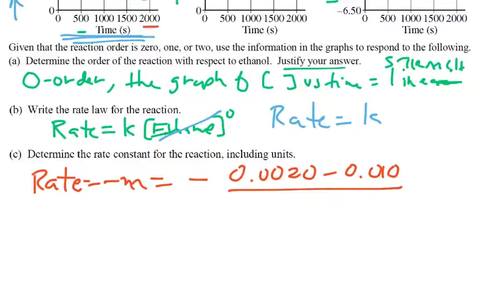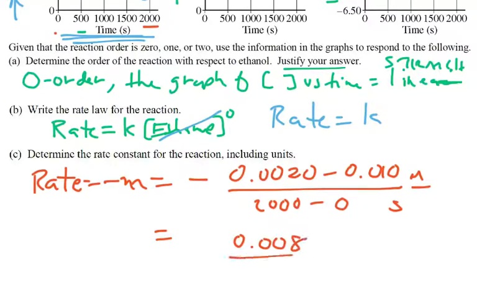I'm ending at 2,000, started at 0, so 2,000 minus 0. So that's going to be in time, seconds. So this is going to be molarity. That's the difference in molarity over seconds. And if I calculate this, I'm going to get 0.008 over 2,000, which is going to be 4 times 10 to the negative 6th molarity per second.